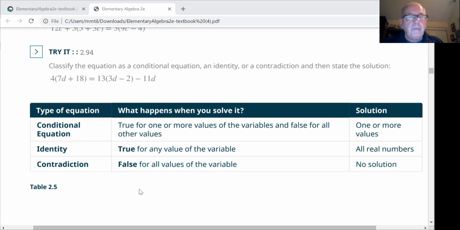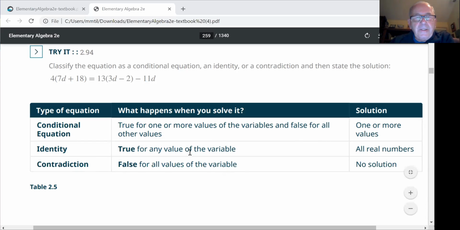So here's the three kinds of equations: a conditional, true for one or more values of the variable and false for everything else. Identity, true for any value of the variable. It's all real numbers, negative infinity all the way to positive infinity. Every number would work in this, as long as it's real.